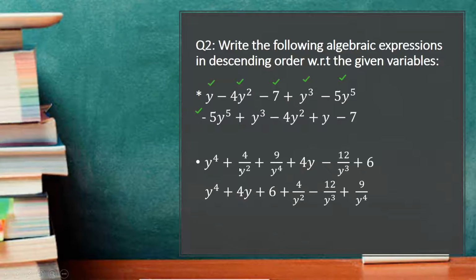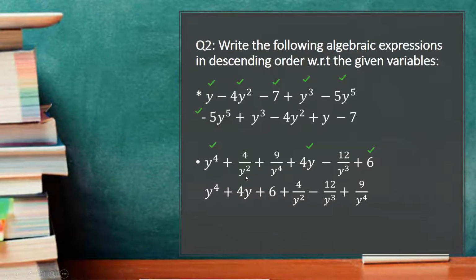Now the next question, here we can see y power 4. y power 4 से less power कौन सी है? Yes, here y power 1, right? Then 6 y power 0, and here the powers you can see in the division. Division means y minus 2, y minus 4, y minus 3. ठीक है? It's written in the division.